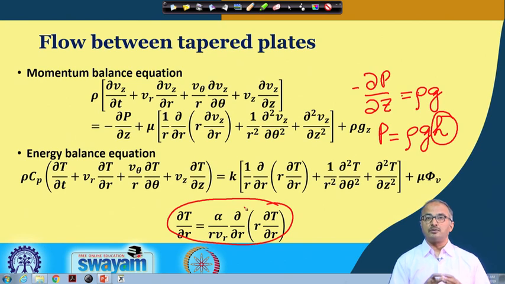So, you see that from this particular problem, even though our main concern was to get the temperature distribution, which was to be obtained from the energy balance equation, however, due to the involvement of the velocities or the inertial forces in the energy balance equation, we need to go to the momentum balance and also the continuity equation.